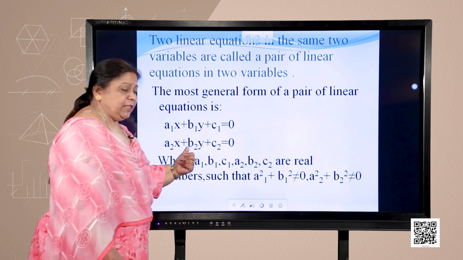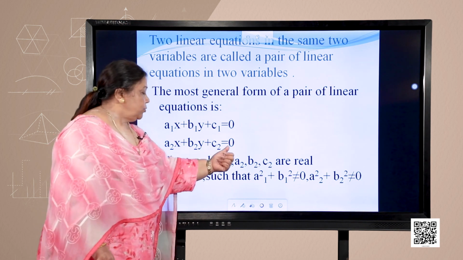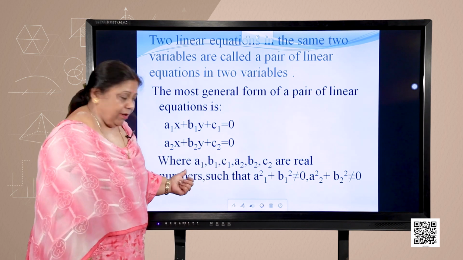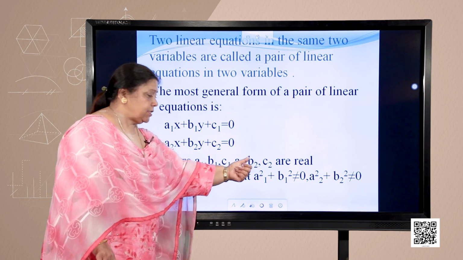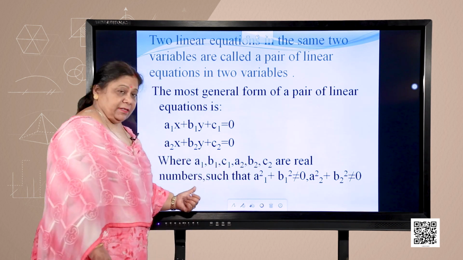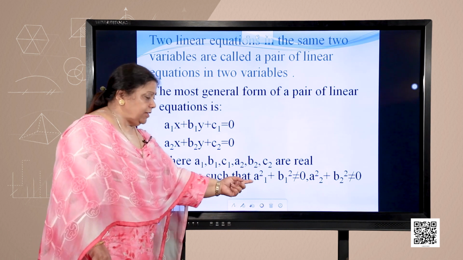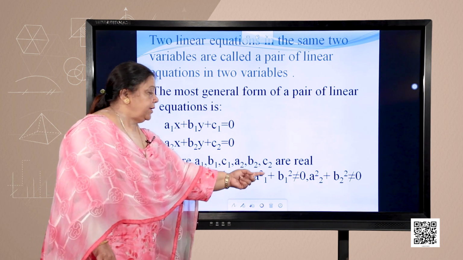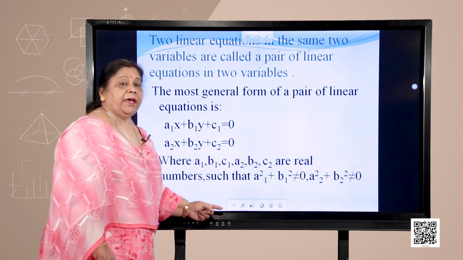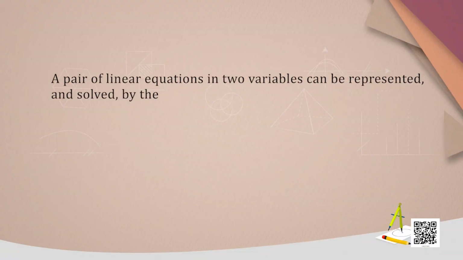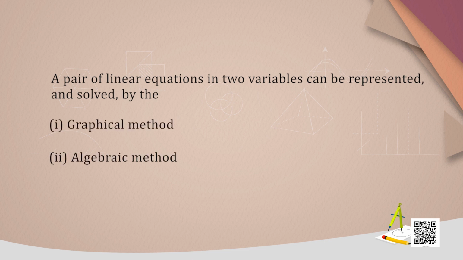Likewise, a2x plus b2y plus c2 is equal to 0, where a1, b1, c1, a2, b2, c2 are real numbers such that a1 square plus b1 square is not equal to 0 and a2 square plus b2 square also is not equal to 0. So students, a pair of linear equations in two variables can be represented and solved by the graphical method and algebraic method.